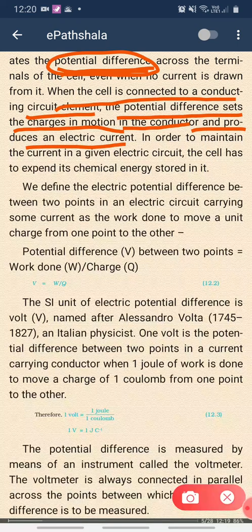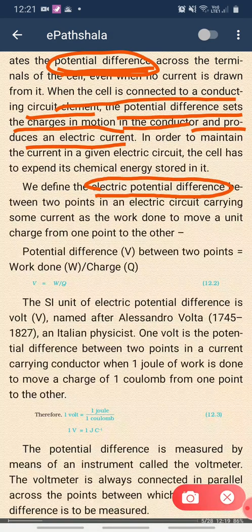Now let us define electric potential difference. Just try to understand, and make your own sentence, what role is played by potential difference. It allows the charges to flow, and as the charges flow, some work is being done.